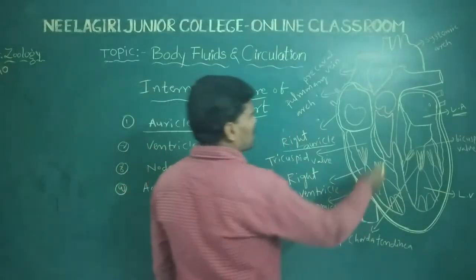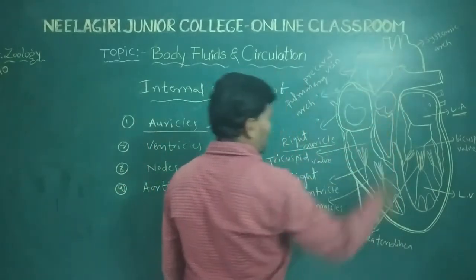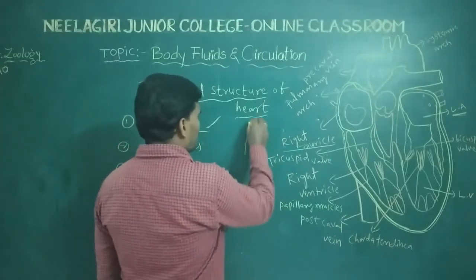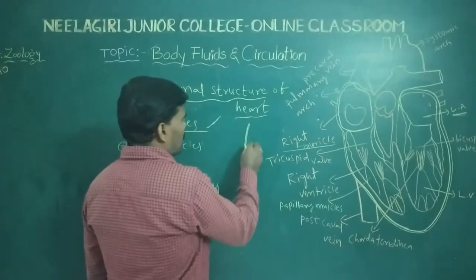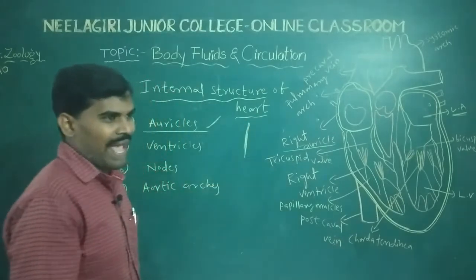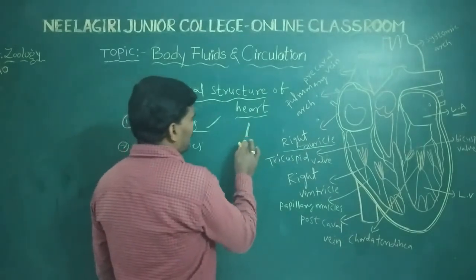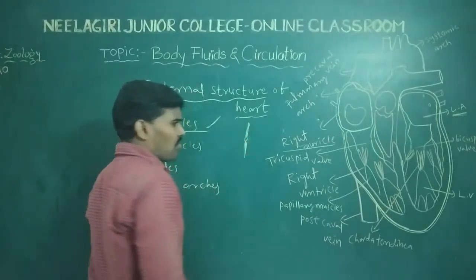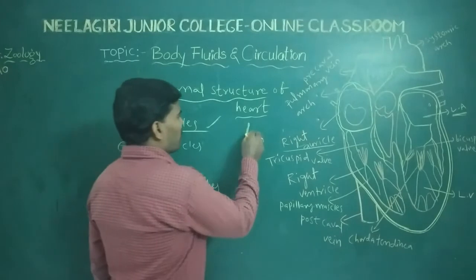The two auricles are separated by the interauricular septum. The interauricular septum has a small opening in the embryonic or fetal stage.